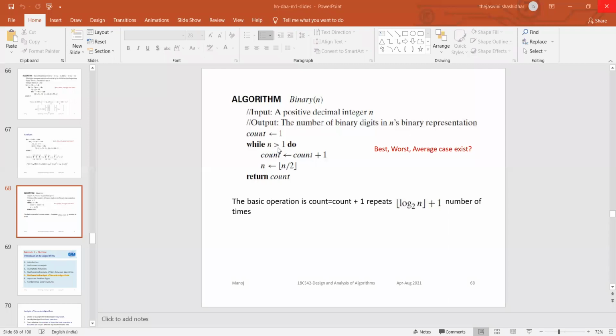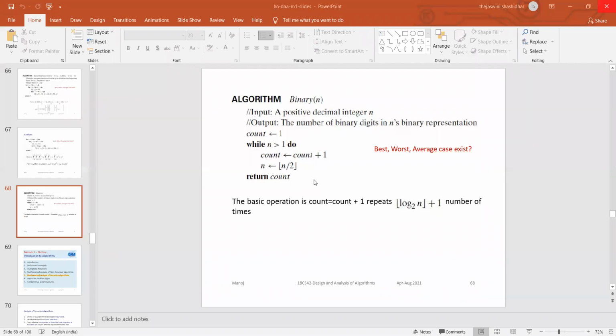Okay. So what is the basic operation you are doing here? The basic operation is count equals count plus 1, which keeps on repeating. No for loop is there, that's why we have taken a while loop here.